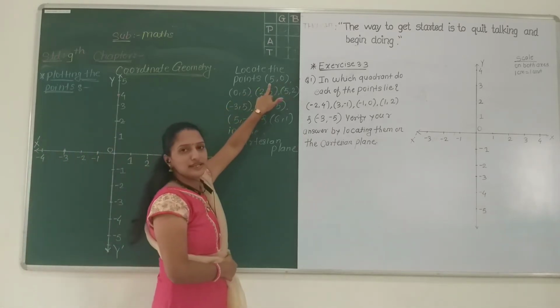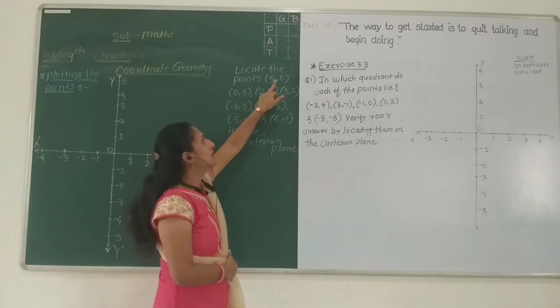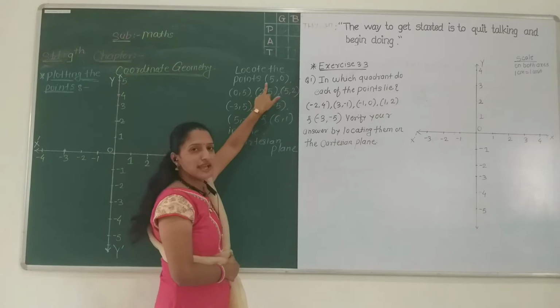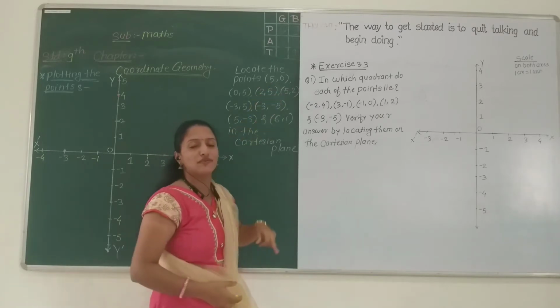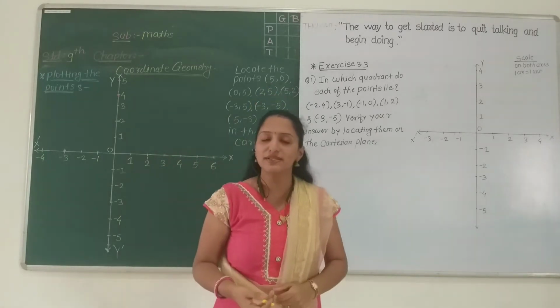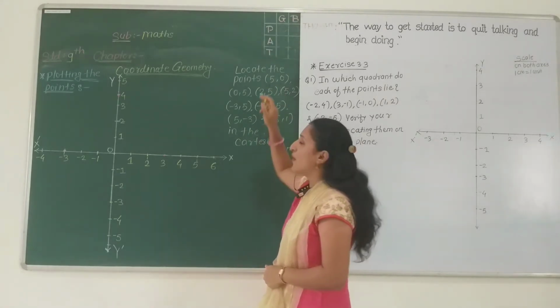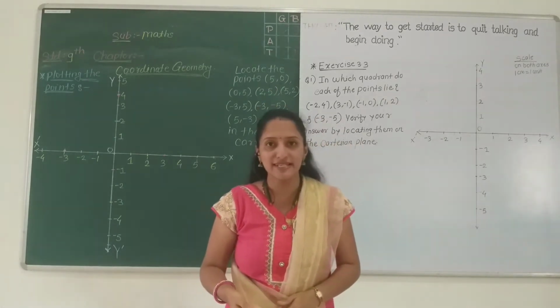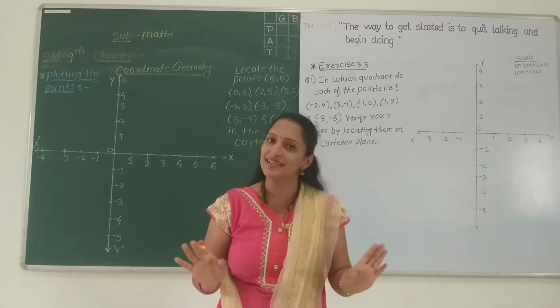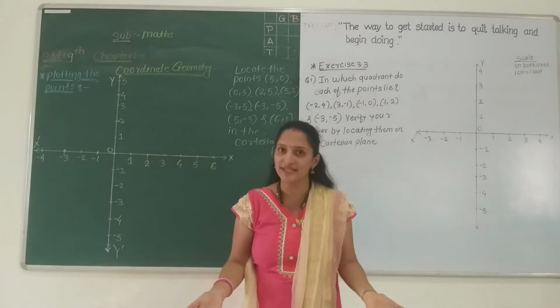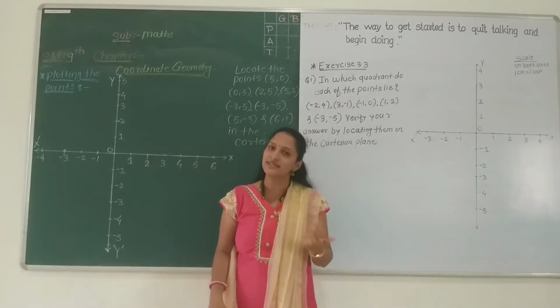Here 5 is its x coordinate and 0 is its y coordinate. Remember students, I have told you, whenever the point lies on the x-axis, its y-coordinate is 0. And when the point lies on the y-axis, its x-coordinate is 0.